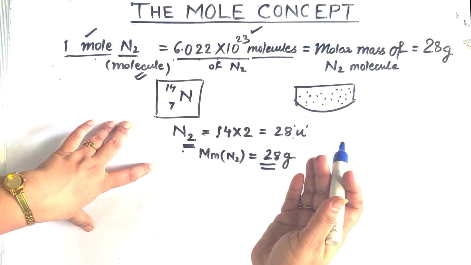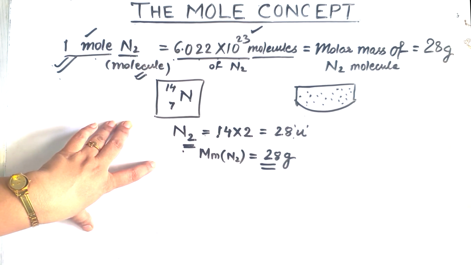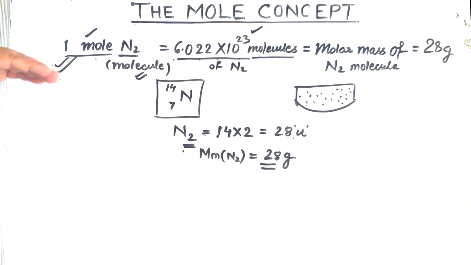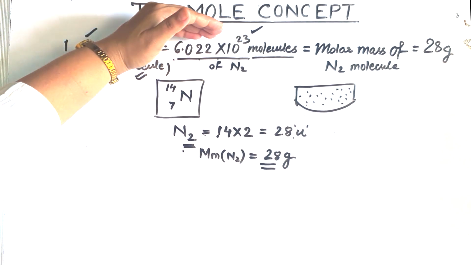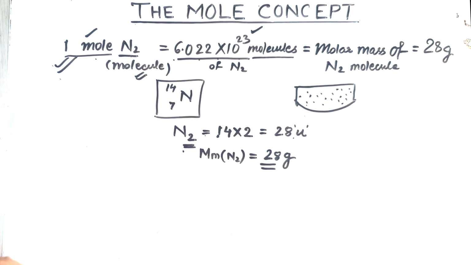Particles here are molecules obviously, and I will say that this consists of 1 mole of nitrogen. If you don't want to say the number of molecules, you can say that 1 mole of nitrogen has this number of particles and this is the mass of 1 mole of nitrogen.